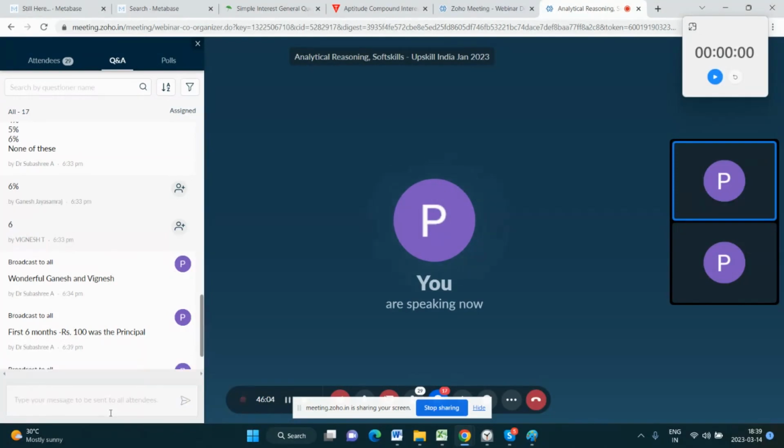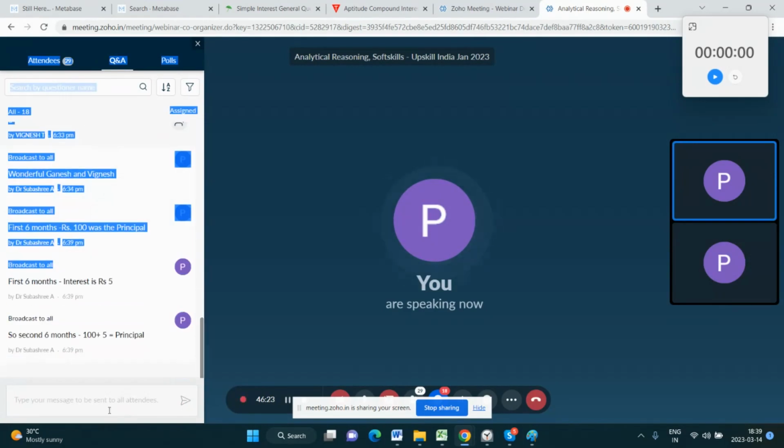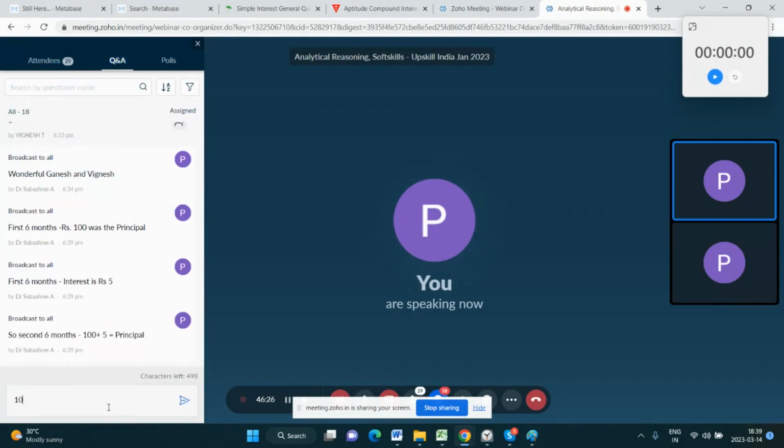So for the second 6 months, 100 rupees plus 5 rupees interest is the principal. Then they will calculate simple interest for the 105 rupees principal. With 105 rupees as principal, PNR by 100 gives an interest of 5.25.